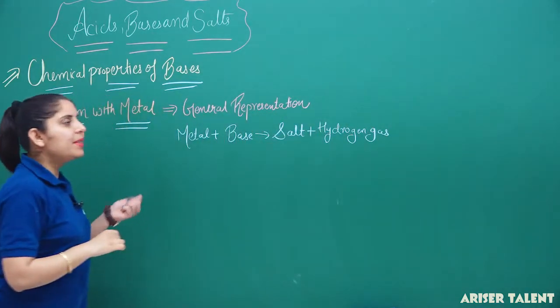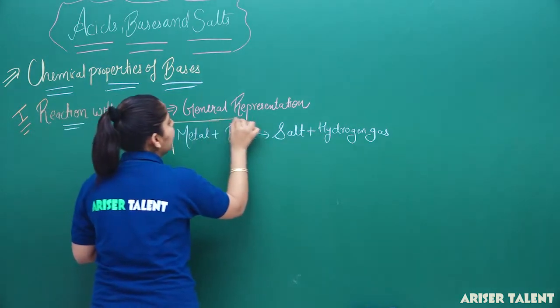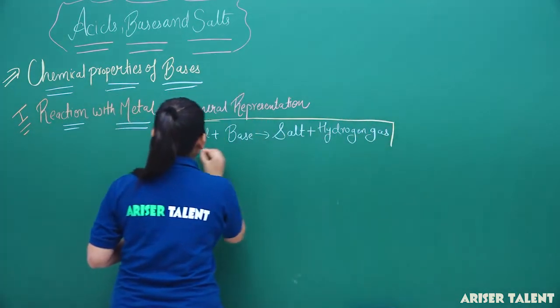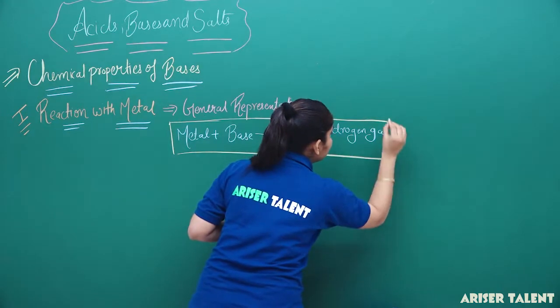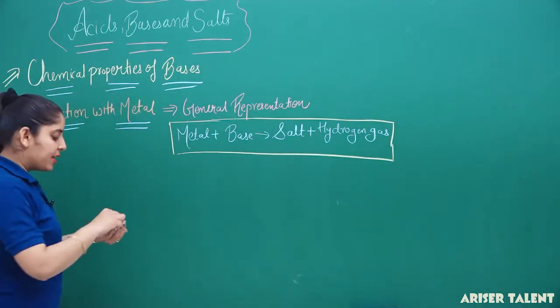So, this will be the general representation for any equation where a metal reacts with a base to give the corresponding salt with the evolution of hydrogen gas. Now, let us take an example to understand this type of reaction.